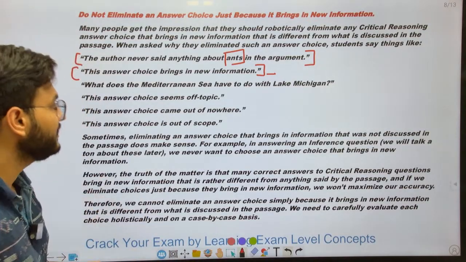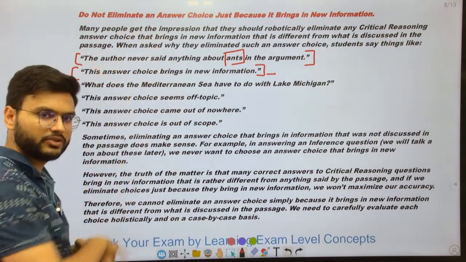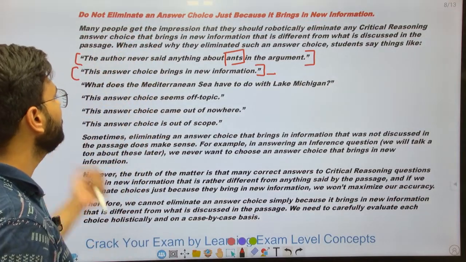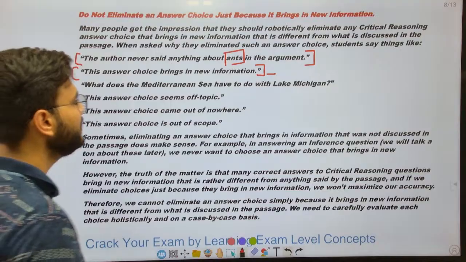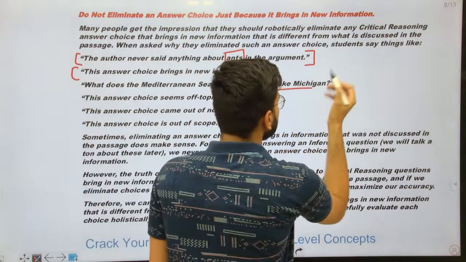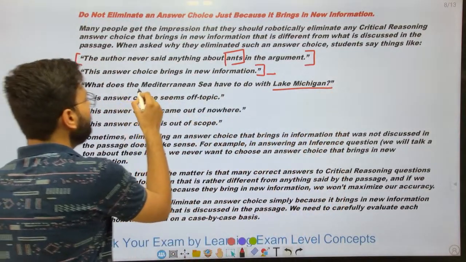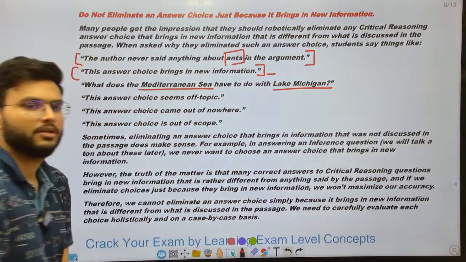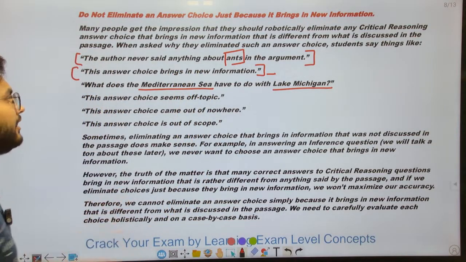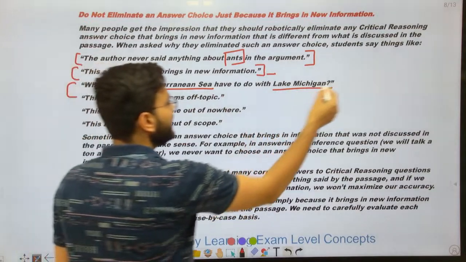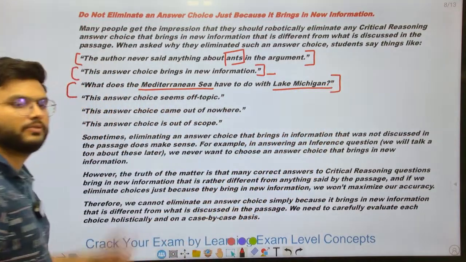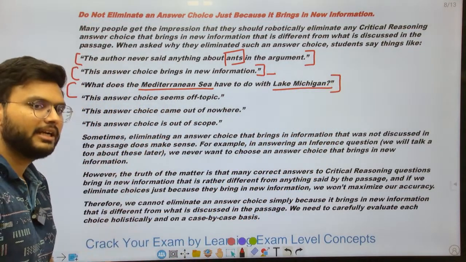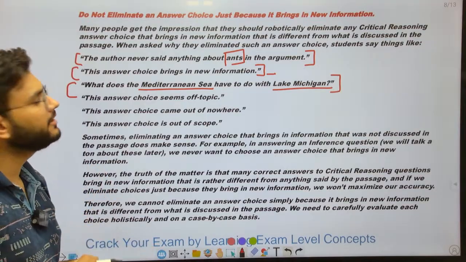But we have to look, does it really relate to the argument structure? Similarly, what does the Mediterranean Sea have to do with Lake Michigan? How are they related to each other? You cannot say, unless the author has mentioned some relevant aspect of both of these two. You have to completely read and logically understand the flow.